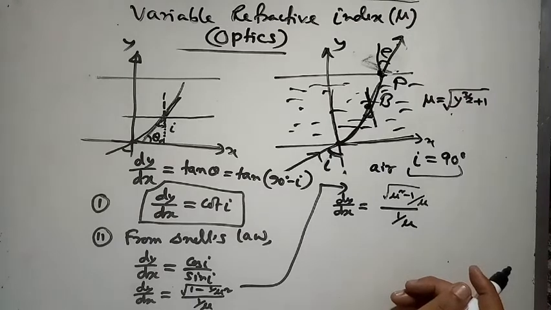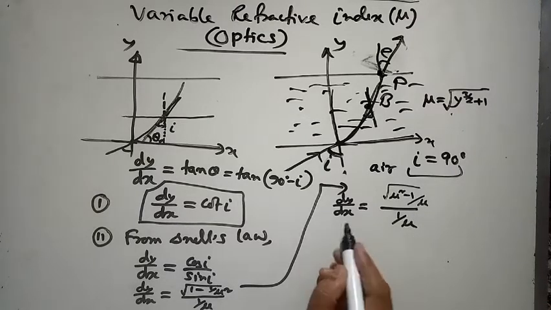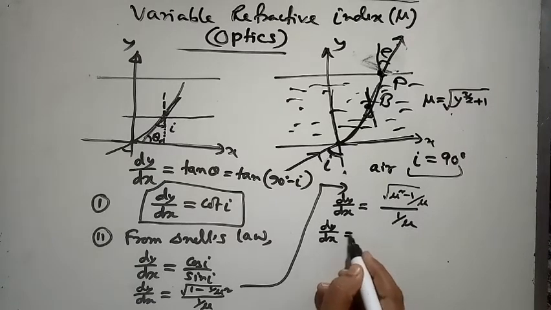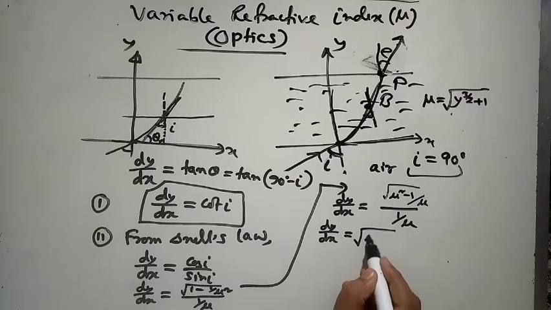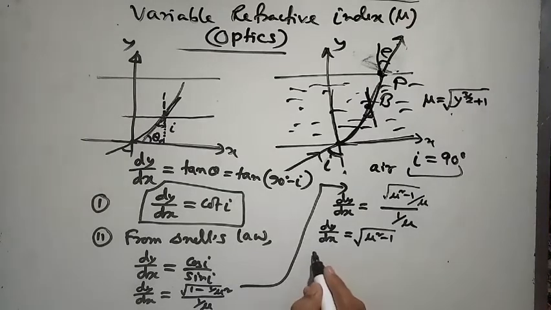Okay, so after putting this, mu got cancelled. dy upon dx equals under root mu square minus 1, and you know the value of mu also.